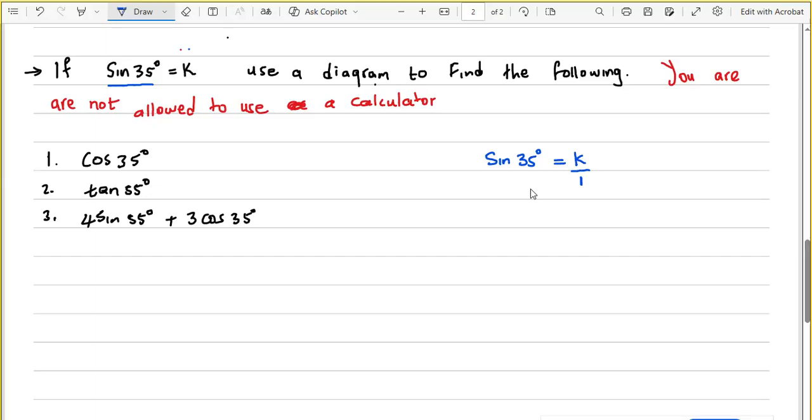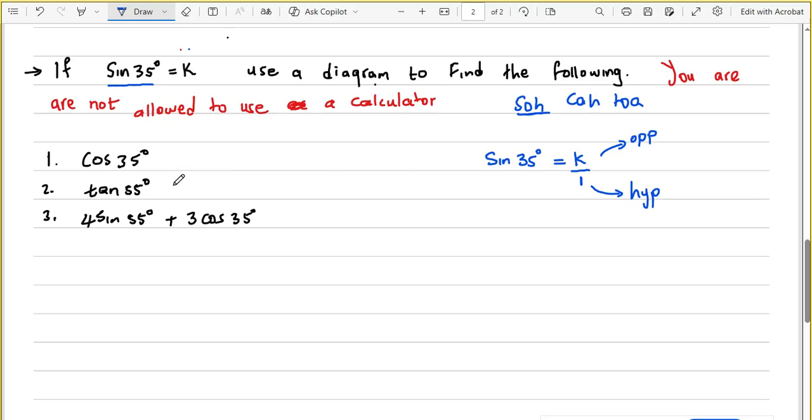Since this is sine, the k will be your opposite, the 1 will be your hypotenuse, okay? Because remember, sine is opposite over hypotenuse. Please don't make that mistake. Are you still with me on that?